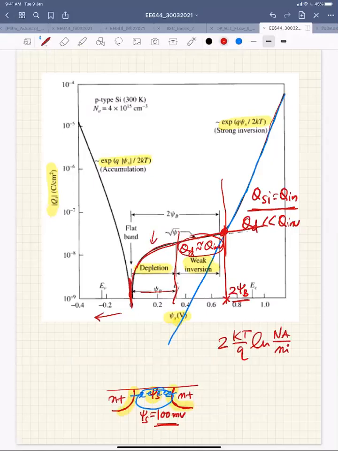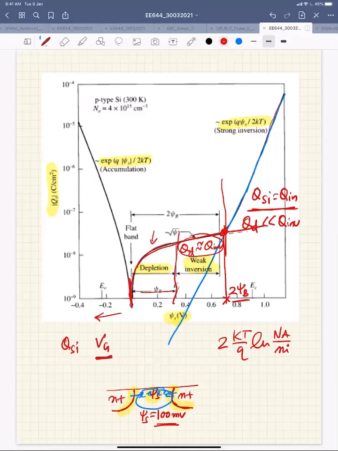Okay, so this is the typical chart of your QSI versus psi s, the charge in the silicon and the potential across the silicon. But outside, I am not applying psi s. I need a relation between QSI and VG, because the voltage that I'm applying is the gate voltage.